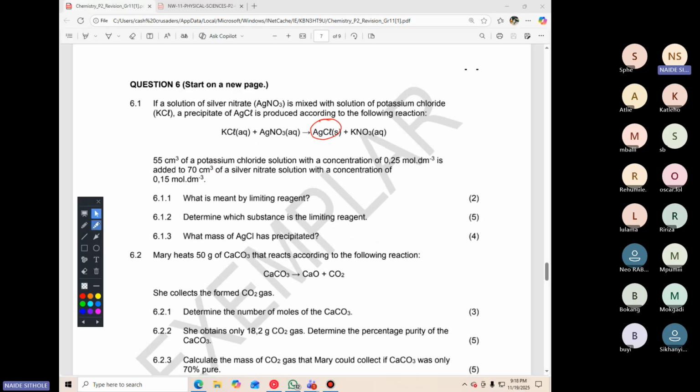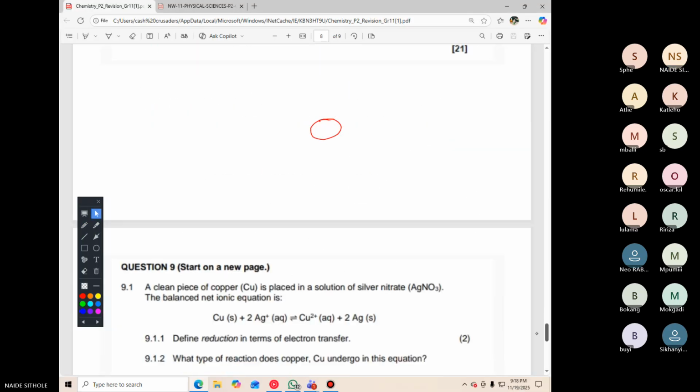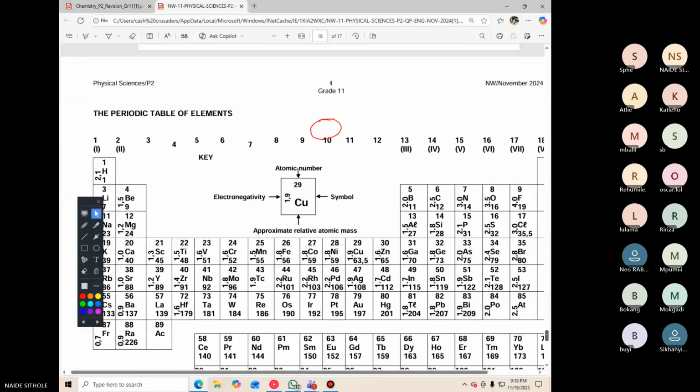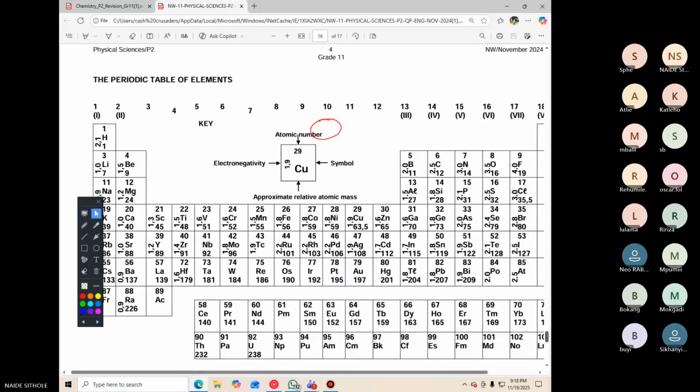What is Ag from the periodic table? Silver, 108. So it's 108 plus 35.5, which is 143.5 grams per mole.